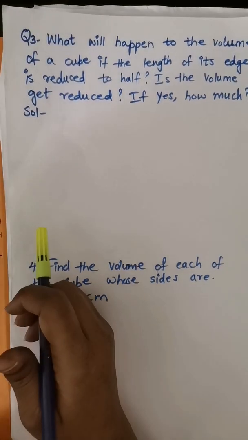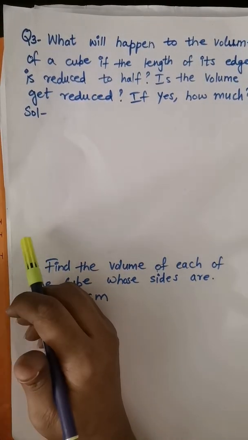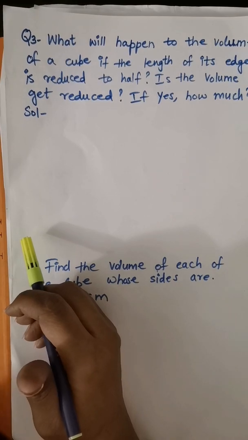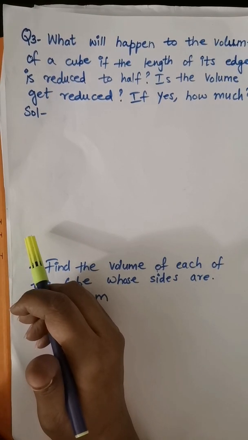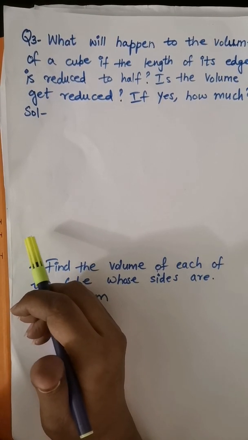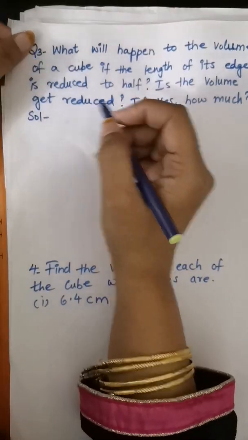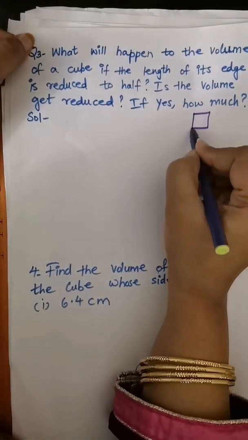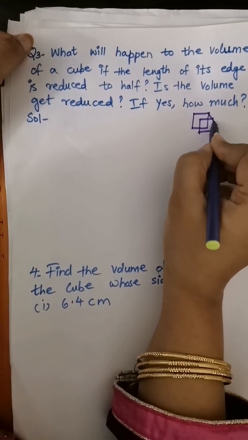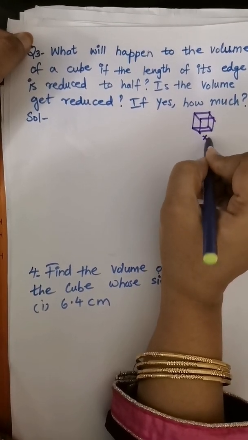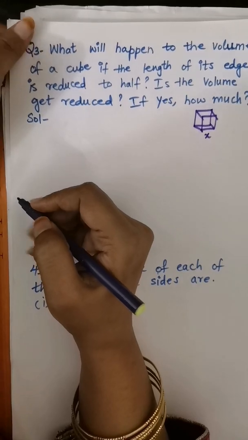Good morning, children. Now question number 3. What will happen to the volume of a cube if the length of its edge is reduced to half? Now suppose there is a cube of side x centimeter.